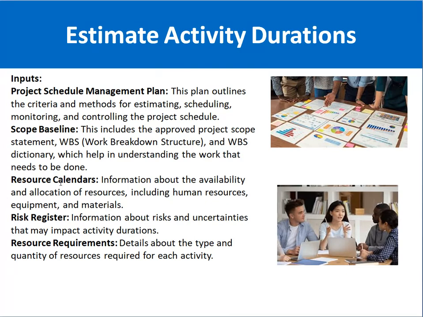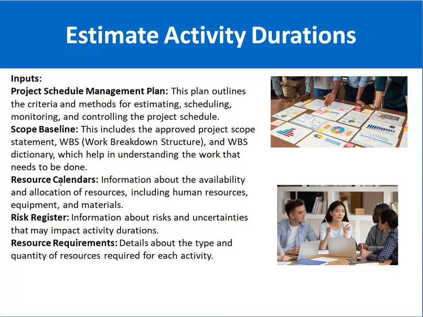Resource calendar informs you about the availability and allocation of resources, for example, 2 resources will be available in the month of January, the next 2 will be available from mid-January, etc. So it is just a calendar which informs you about the availability of resources, and those resources could be human resources, hardware, material, equipment, etc.